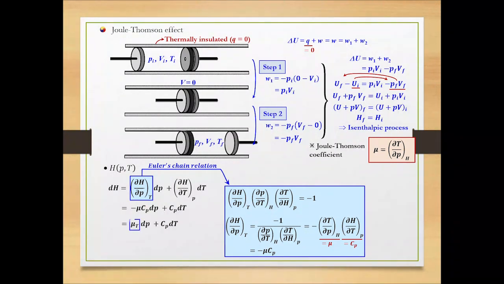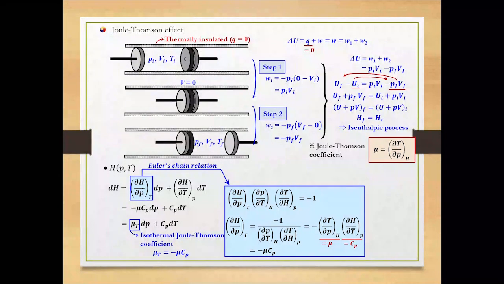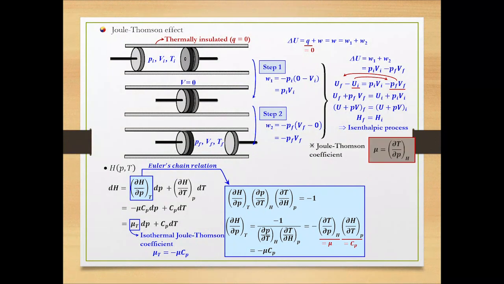The negative mu Cp is newly defined as isothermal Joule-Thomson coefficient, and it is denoted by mu sub capital T. In summary, the Joule-Thomson coefficient describes the change of temperature at constant enthalpy as the pressure of gas drops in a throttling process.